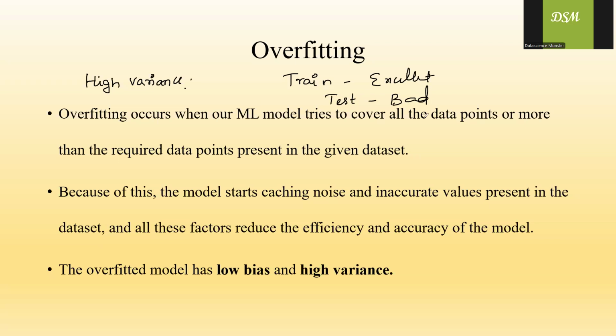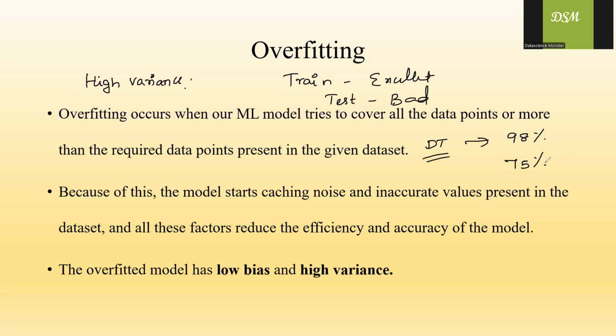Right? So this cannot be acceptable. For example, whenever we build a model with a decision tree, we may be facing this. With the train data, it may give you 98%. With the test data, it may give like 75%. This is called an overfitting model.